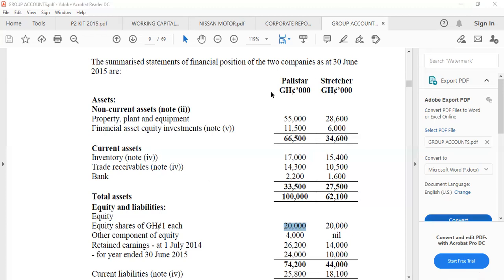Is it going to increase? Yes, it's going to. Who will be the shareholders of the parent now? It will be the old people plus the people coming from the subsidiary, isn't it?